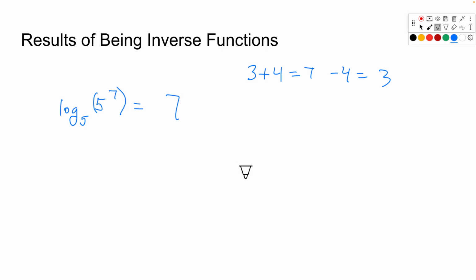I could also do 5 raised to the log base 5 of 7, and notice these are inverses, so where am I starting? I'm starting with 7. I'm ending at 7. So I did something to it and I undid it.